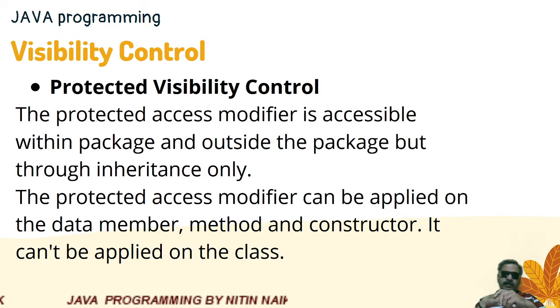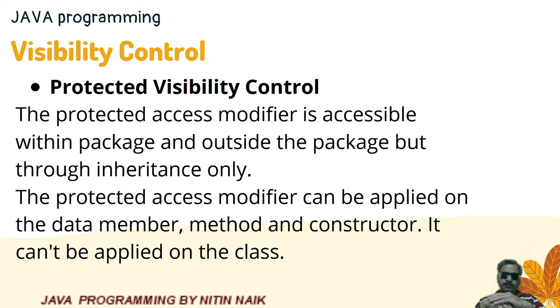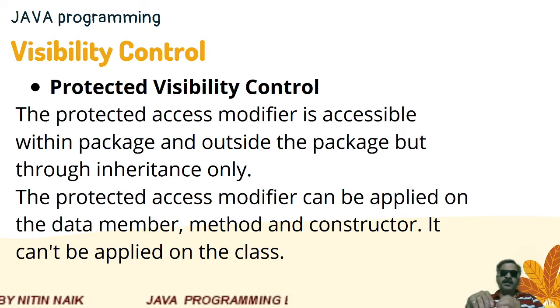Third is protected visibility mode. Normally in C++ also this visibility mode is used in inheritance, especially in multi-level inheritance. Why? Because you can access members declared under protected visibility mode by using an object of the immediately derived class only.